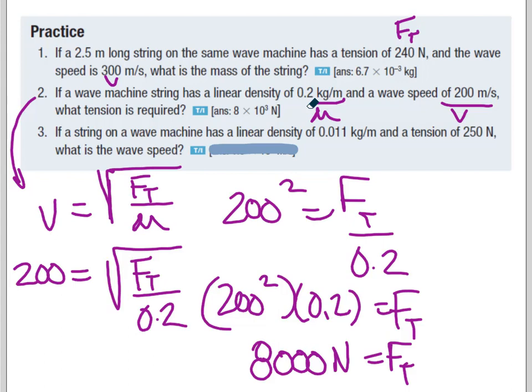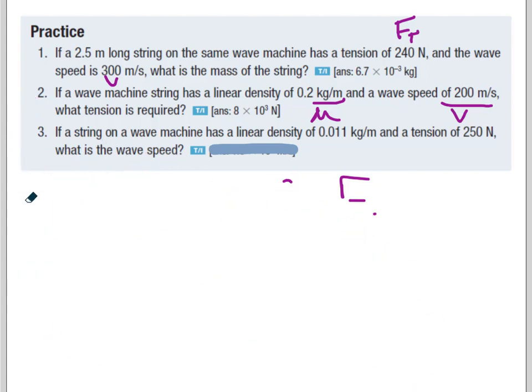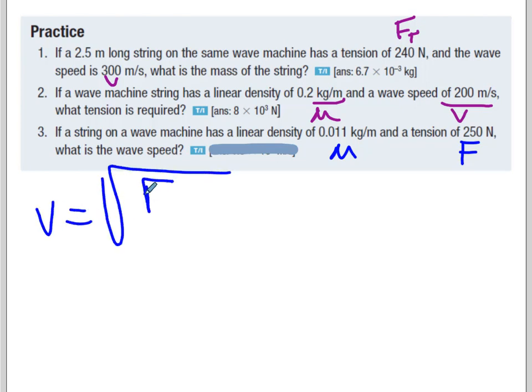Okay, and then lastly, if a string on a wave machine has a linear density, so again we have a linear density listed here. We'll do number 3, we'll do it in blue. So we have linear density, and we have force. What is the wave speed? So let's do that really quick. F_T over mu.